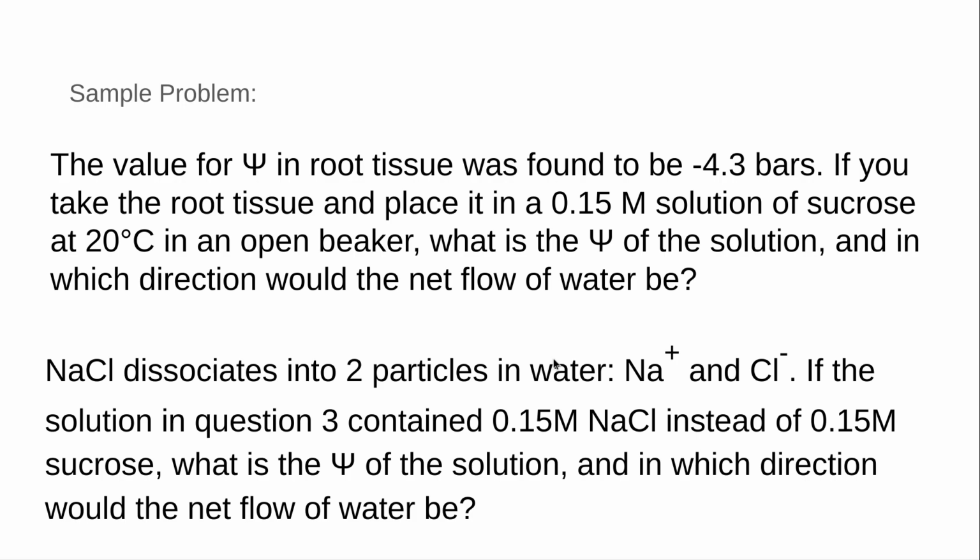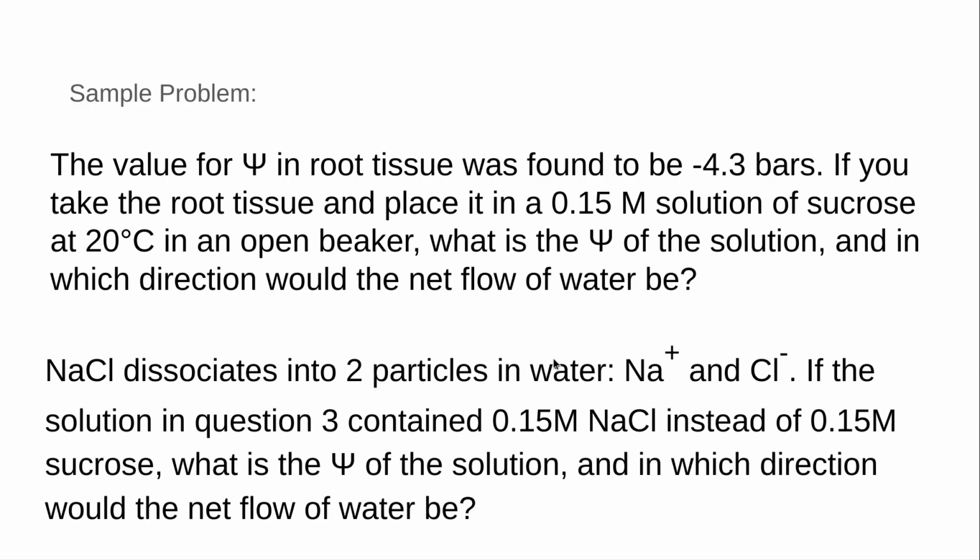And the question will be, what is the direction of flow of water? So the question is, which is bigger, minus 2.3 or minus 4.3? The answer is minus 2.3 is bigger than minus 4.3, right? Because it's a negative value.